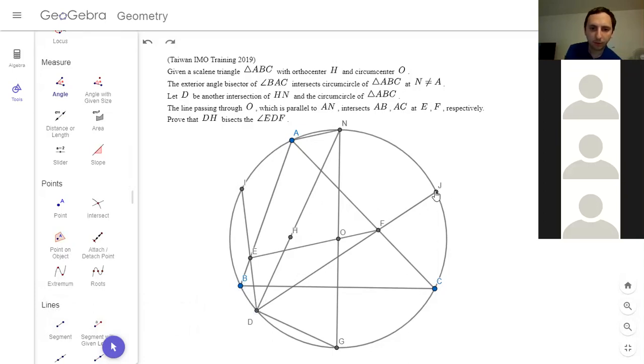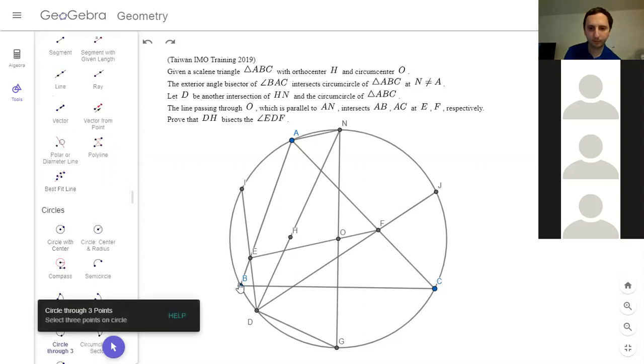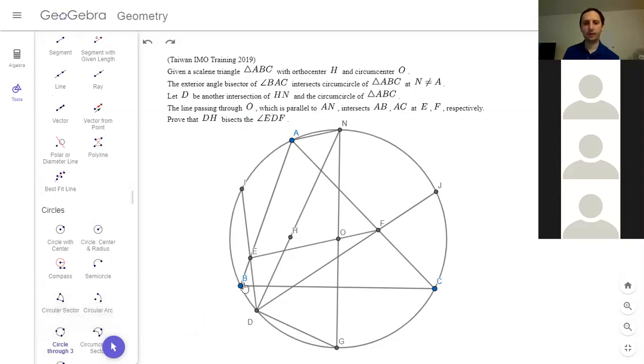Yeah, because we want to show BDF is 90 degrees. Let me see if there's like a cyclic. Yeah, can you draw altitudes?